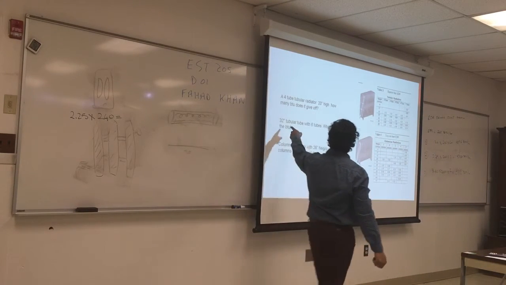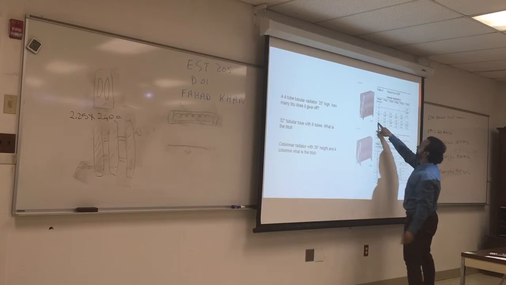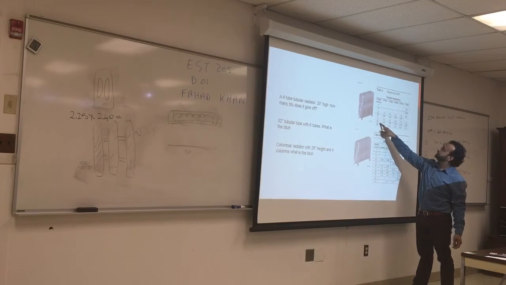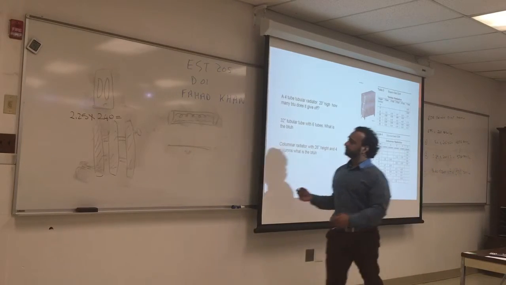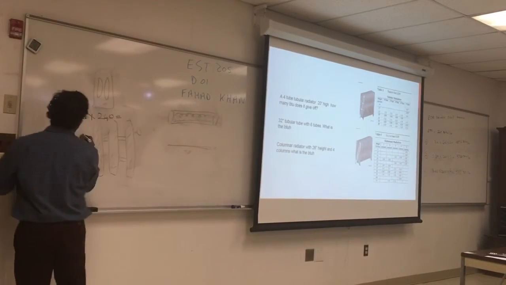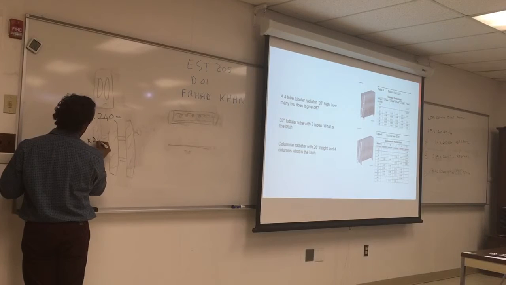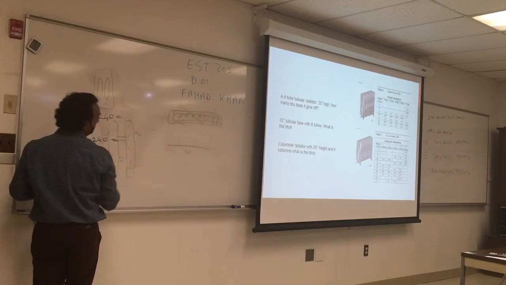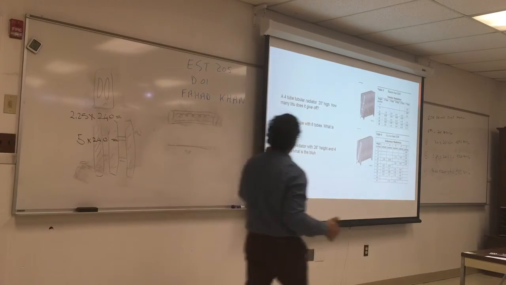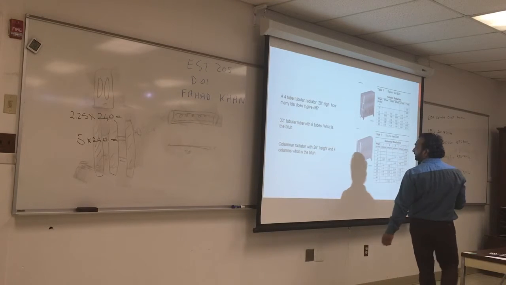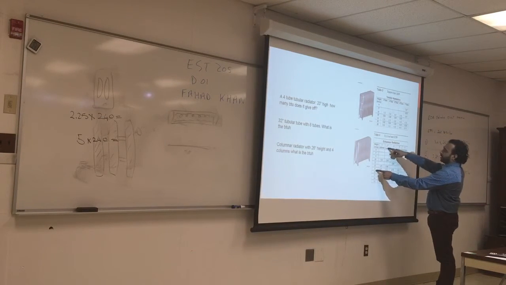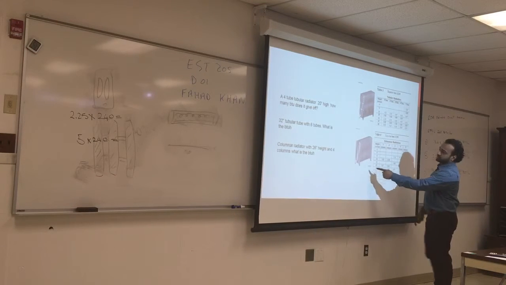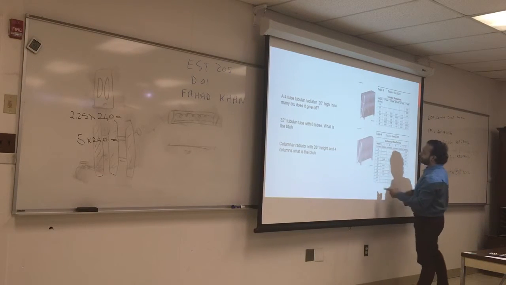The other one, 32. So I'm going to go here, 32, tubular, and 6 tubes, so 5. The column radiator is 26 inches high, 26. How many columns? 4. These are the columns, so they come in different models.